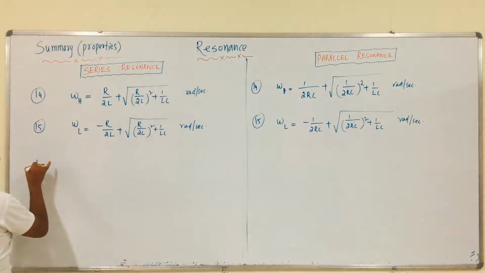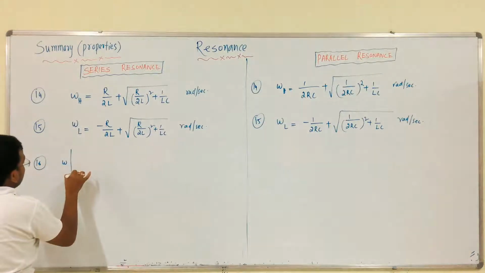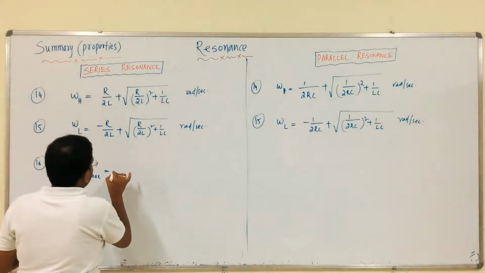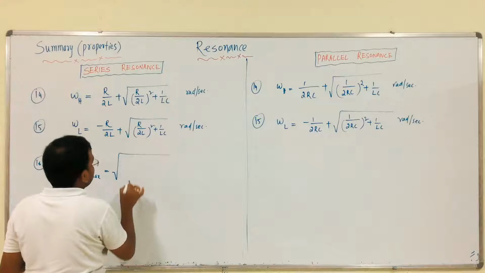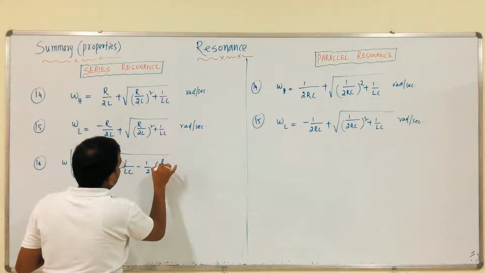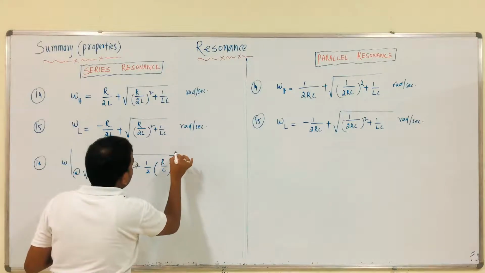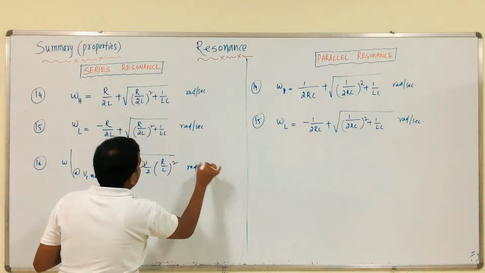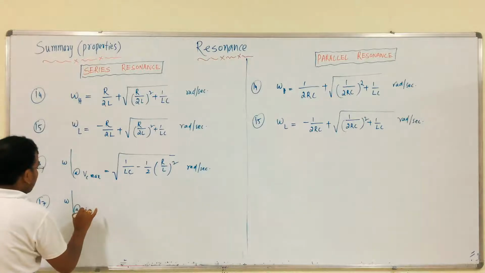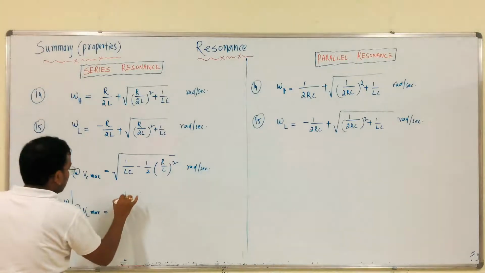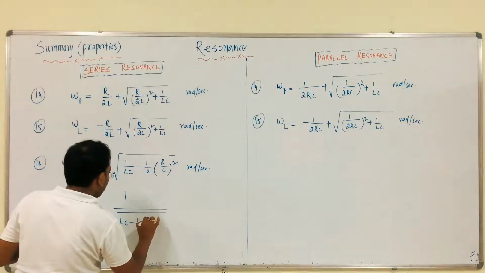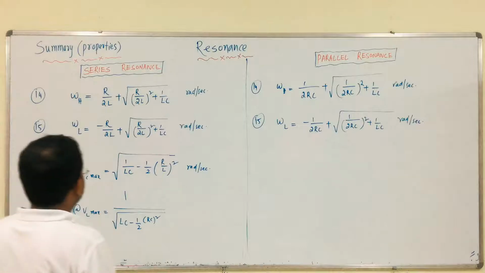Next, 16th one, the frequency at which VC max is equal to what? Square root of 1 by LC minus (1 by 2 R by L) whole square. Like that, 17th one, the frequency at which VL max is equal to 1 by square root of LC minus (1 by 2RC) whole square, that is it.